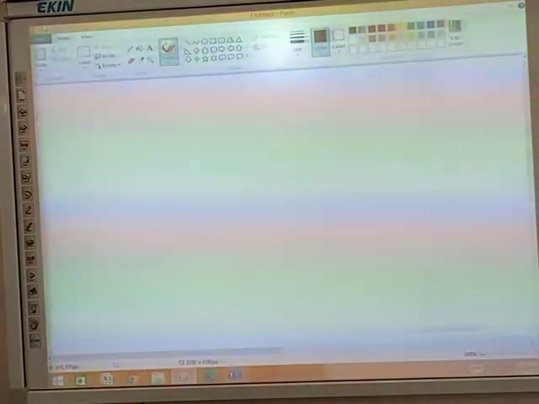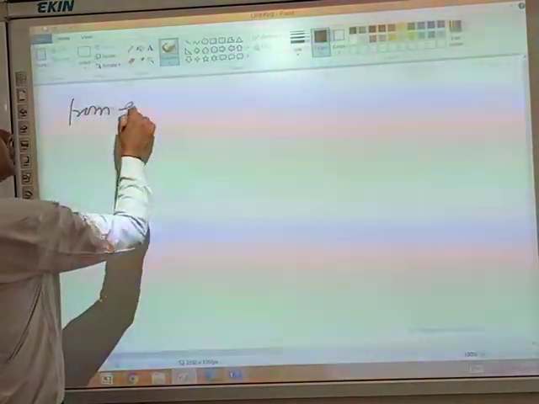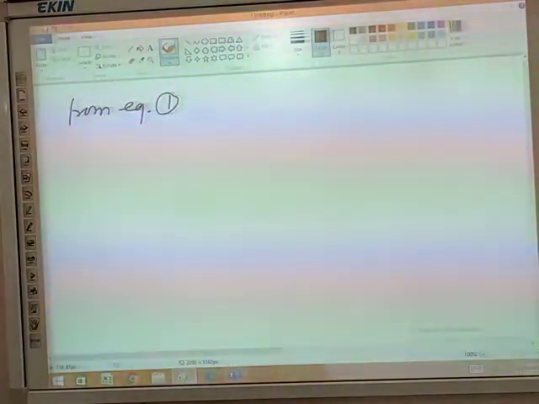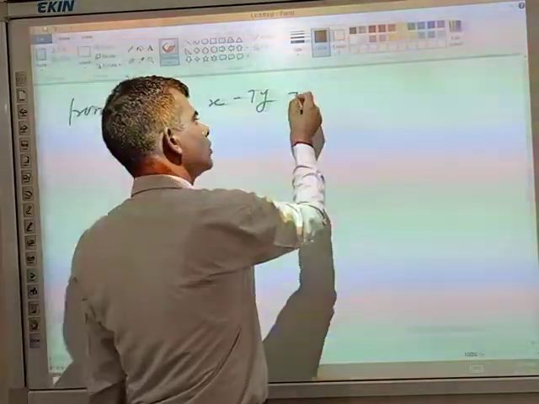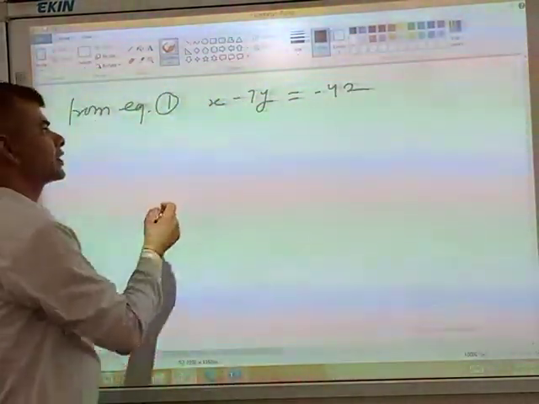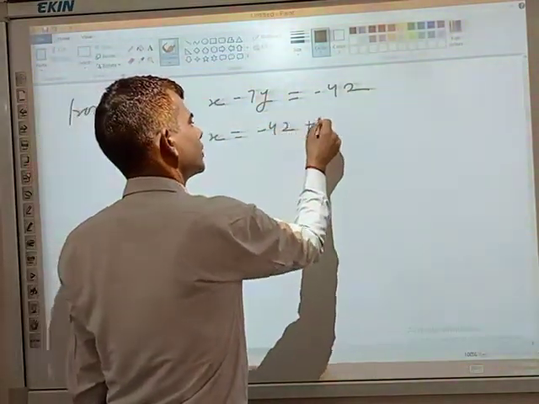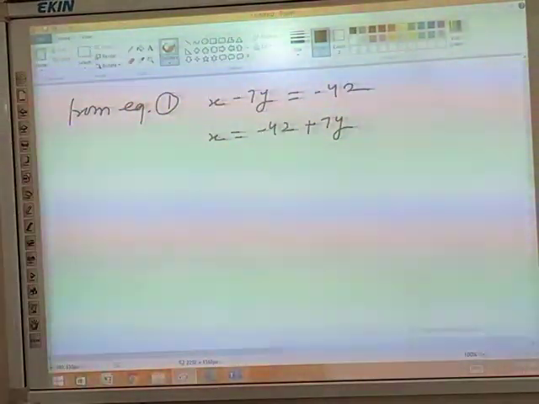Students, from equation first, what is your equation first? x minus 7y is equal to minus 42. Now students, x is equal to minus 42 plus 7y.